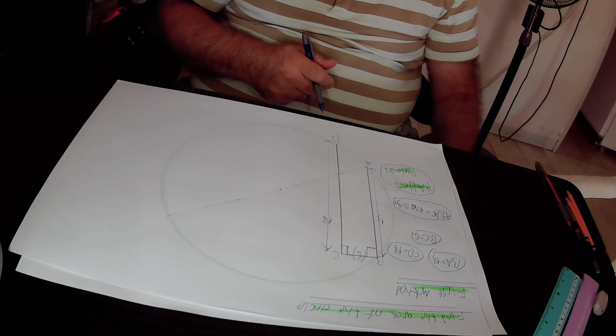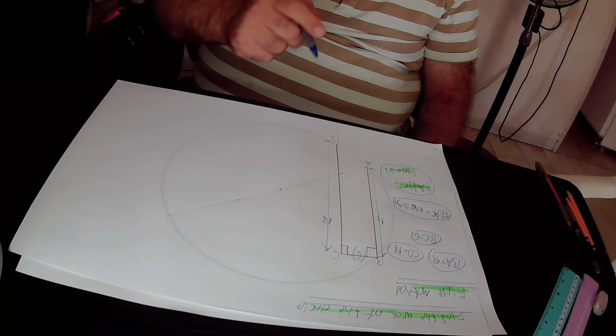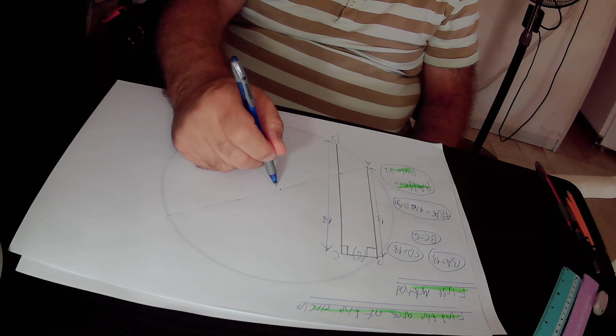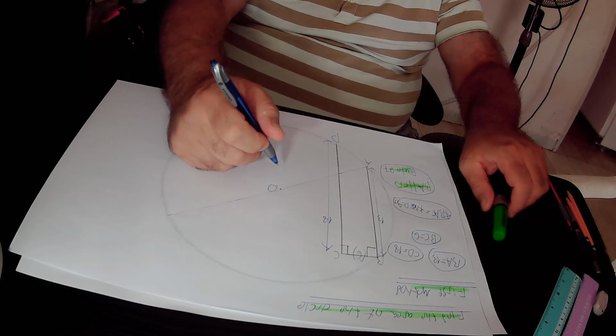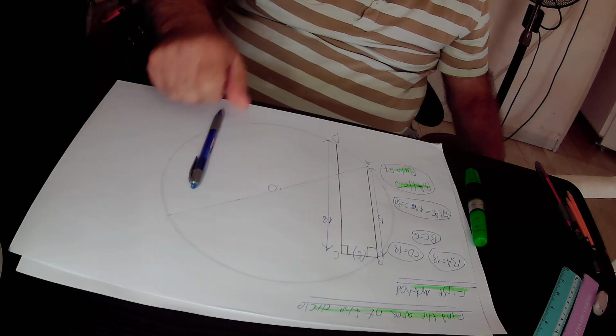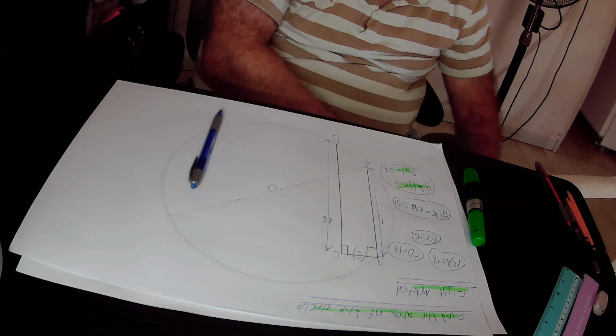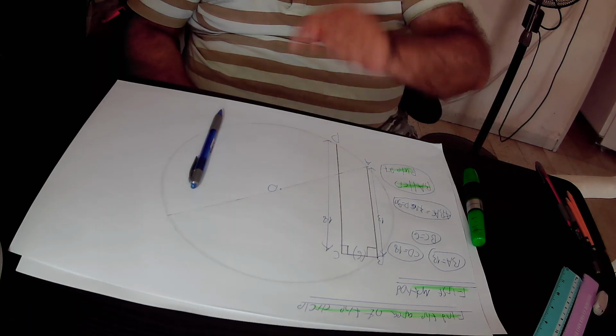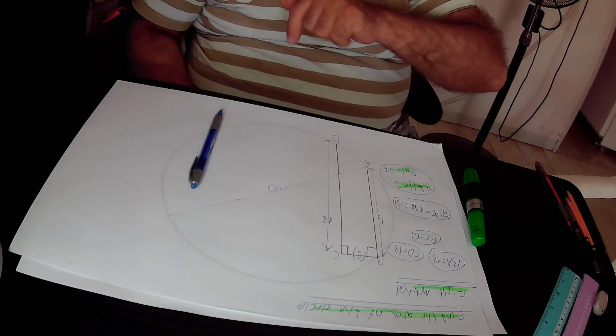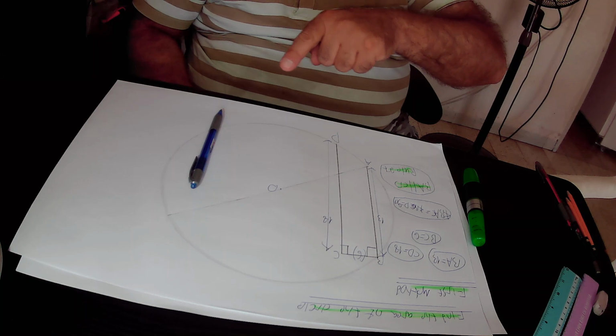In the next step, we will define the center of this circle. This point is point O. And from the center of this circle, that is to say from point O, we will draw a perpendicular on CD.